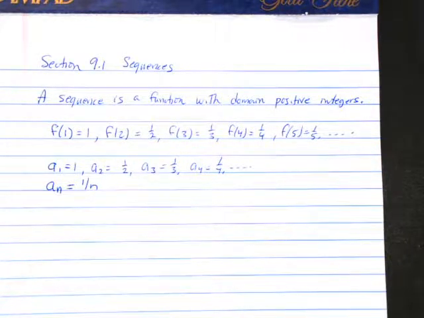All right, the big question we're going to want to know is whether our sequence converges or diverges. What do we mean by converges or diverges? Does it have an asymptote or does it not have an asymptote?